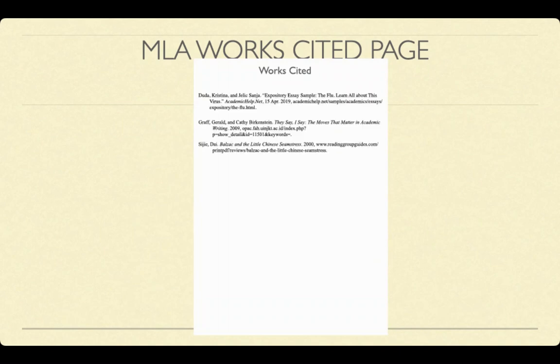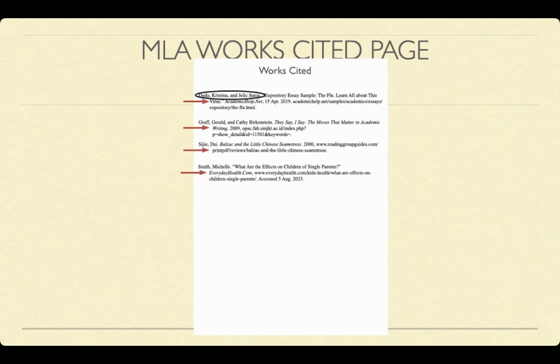Everything past the first line of entries should be indented by 5 spaces or a half inch from the margin. The purpose for this is to make the author's name or names stand out, as we see here: Duda, Graff, CG, and Smith.